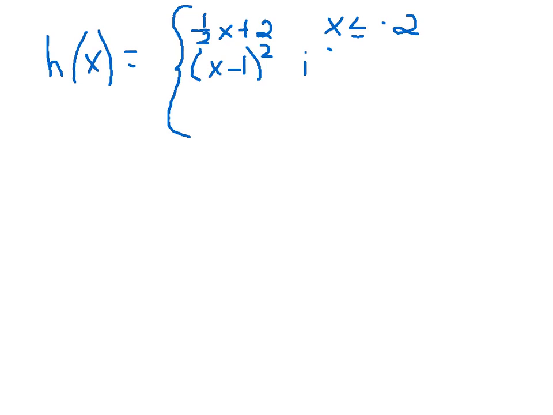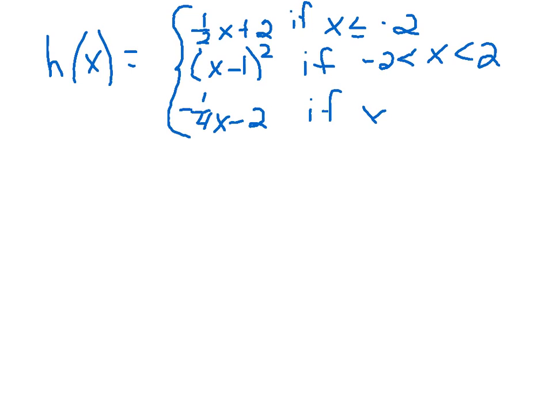And that's going to occur if x is bigger than negative 2, but smaller than positive 2. I need an x in there. X. And then the third piece is negative 1/4 times x minus 2, and that is if x is greater than or equal to 2.